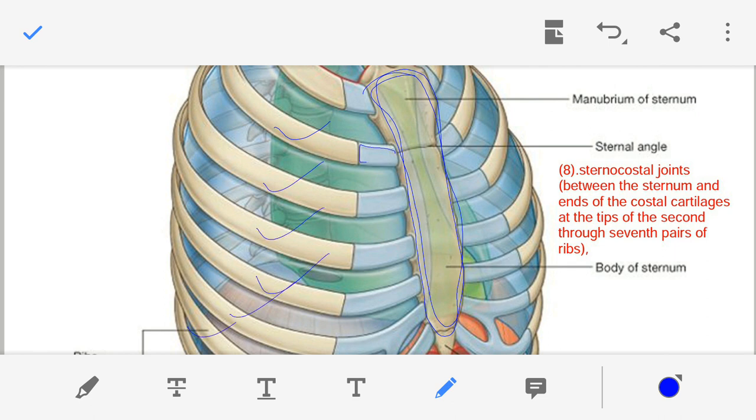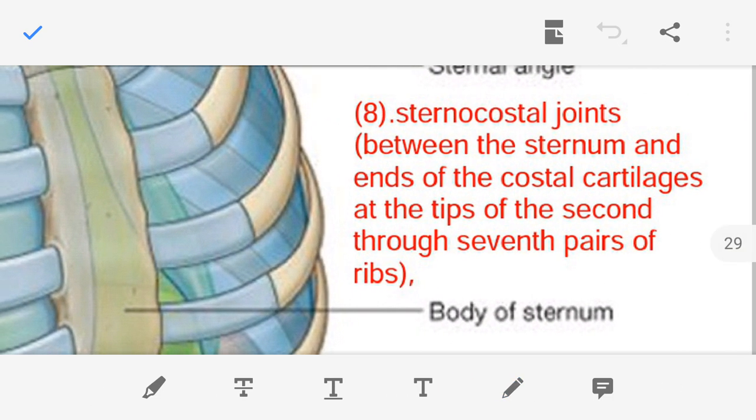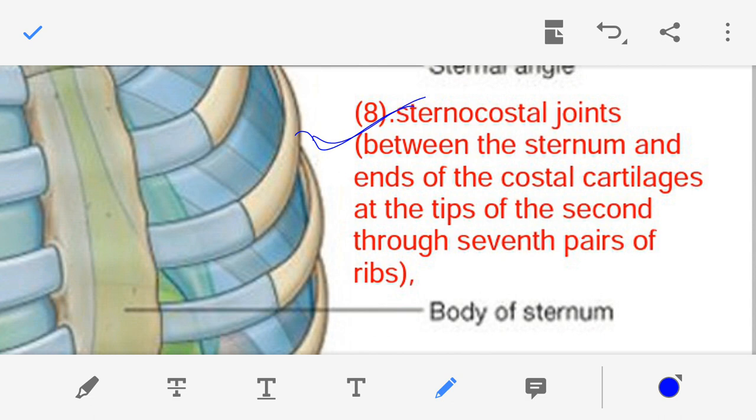And these are the costal cartilages of the second to seventh ribs. These costal cartilages make the joint with the sternum. So the joint between the costal cartilage and the sternum is known as the sternocostal joint, and the sternocostal joints are an example of plane joints.